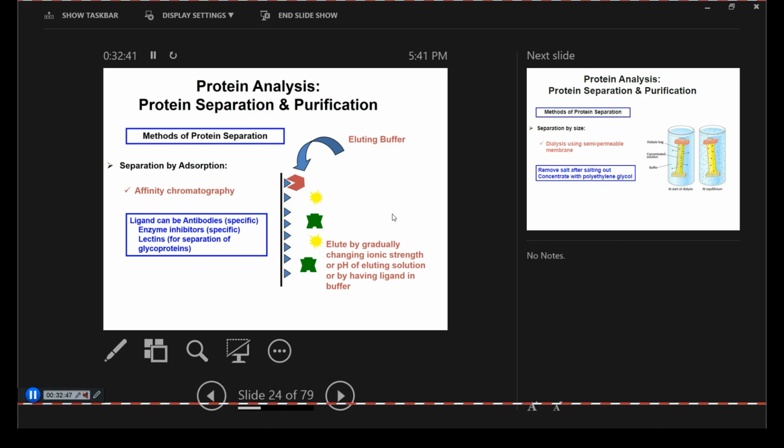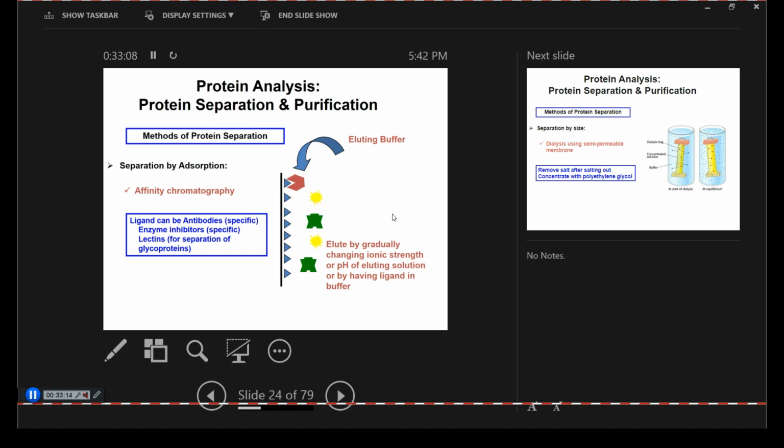Once my protein target has been linked or interacts with the column, all of the other proteins or components that I don't care for will leave the column. For me to get this out of the column and collect it, I can change the pH and the ionic strength, so the bonding is broken, and this will move down the column.